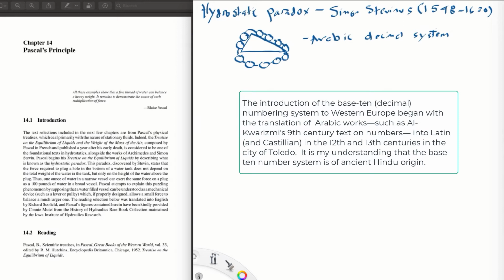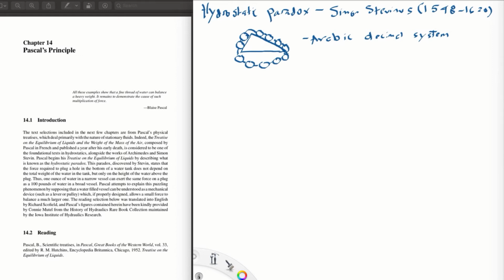That's not a coincidence. The decimal system was not really introduced into Europe until the time of Stevinus, who was roughly contemporary with Galileo. After his work, European scholars began using the decimal system. So we're not going to be talking about the decimal system directly, but we are going to be talking about the hydrostatic paradox.